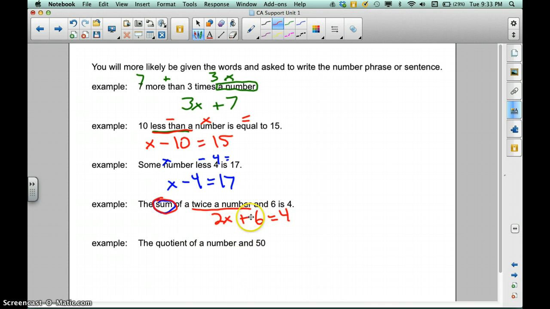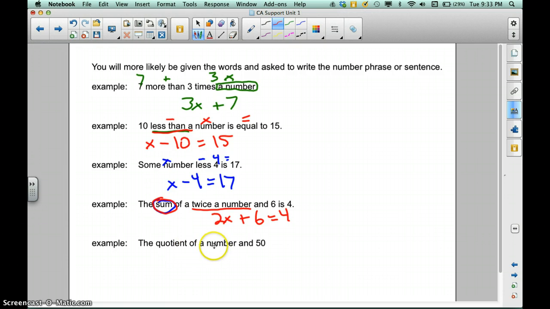We had two things going on there. Okay, sum tells you to add the two things that are happening. The word quotient indicates division. If you're not familiar with it, you do need to remember that. You learned it way back when in elementary school. Quotient means division. There's a couple of ways that you could write this.